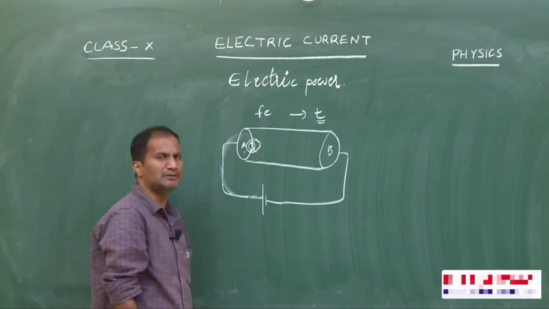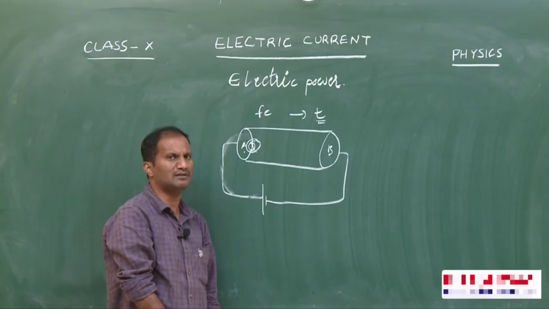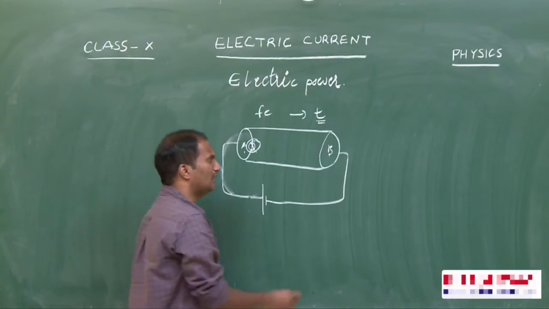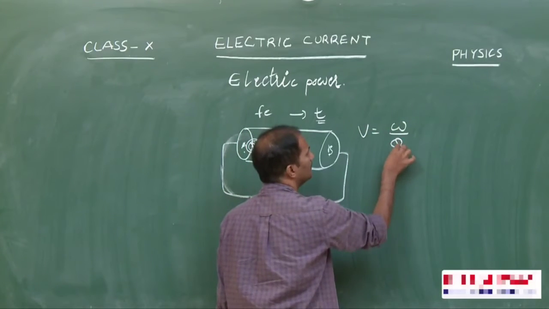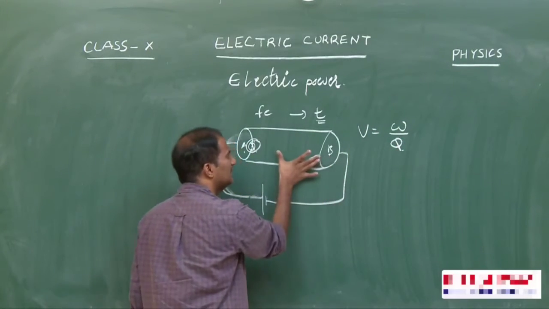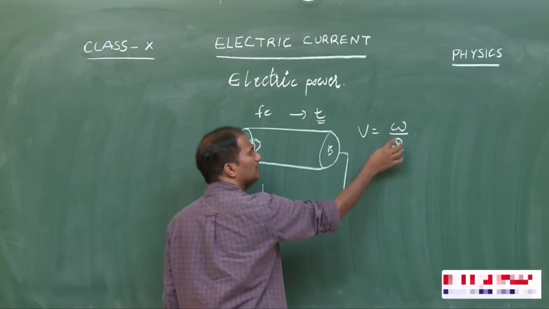Now we are going to calculate the work done by the electric field on the charge carriers. We already know that V equals W by Q. That is, the potential difference between these two points is the work done on unit charge.